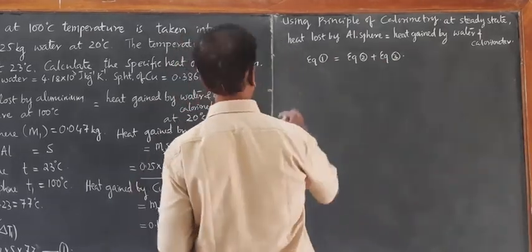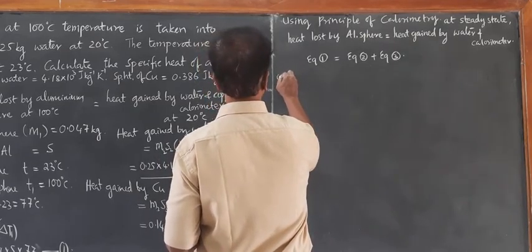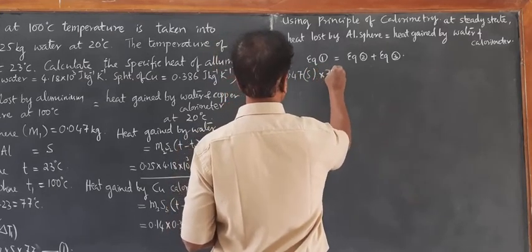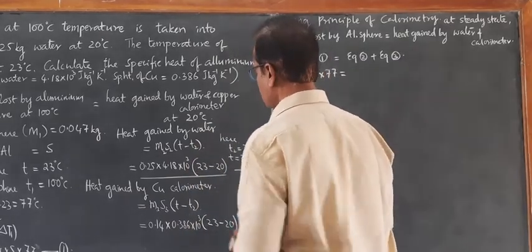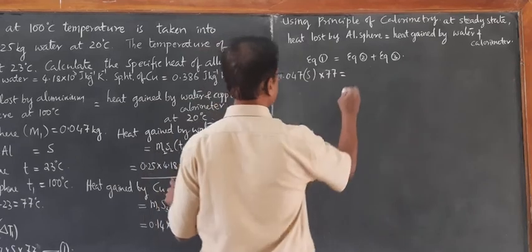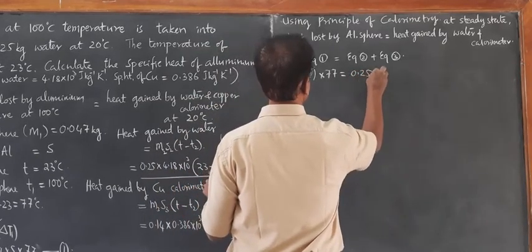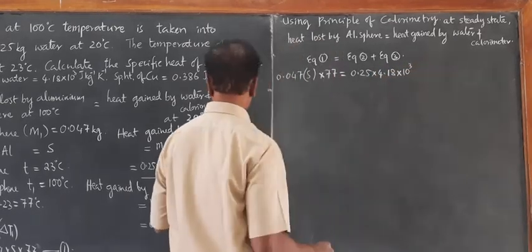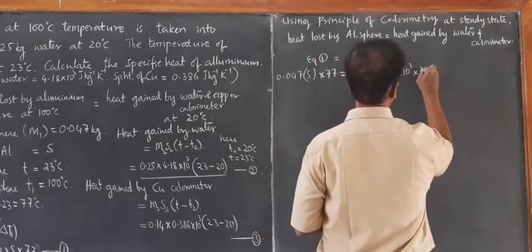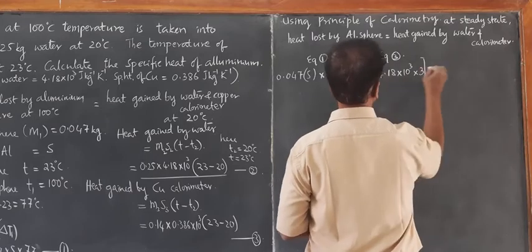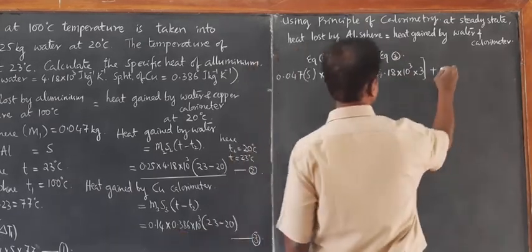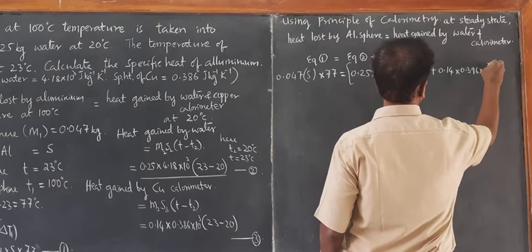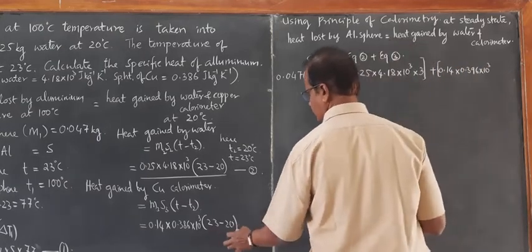So for equation number 1 we have 0.047 into S into 77, equal to 0.25 into 4.18 into 10 raised to 3, into 23 minus 20, which is 3, plus equation number 3, 0.14 into 0.396 into 10 raised to 3, again 23 minus 20 is 3.